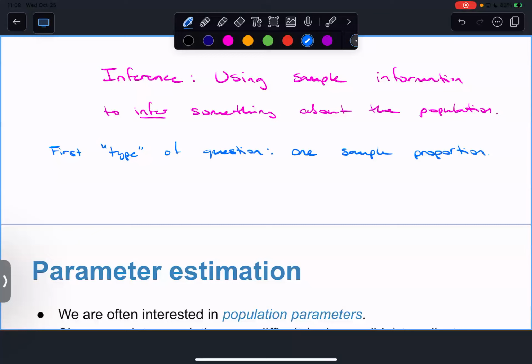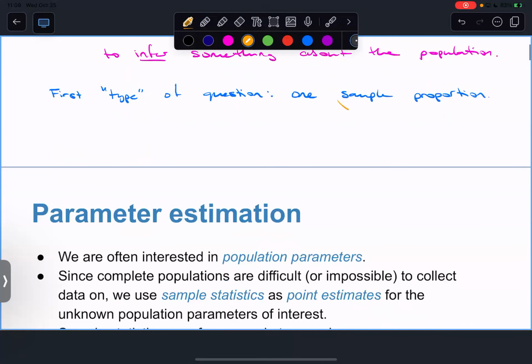So I've collected a sample, and now I have this sample proportion, and I'm going to use p hat for the sample proportion. Okay, so I collected a random sample, and I found that 30 out of 40 dentists recommend Colgate.